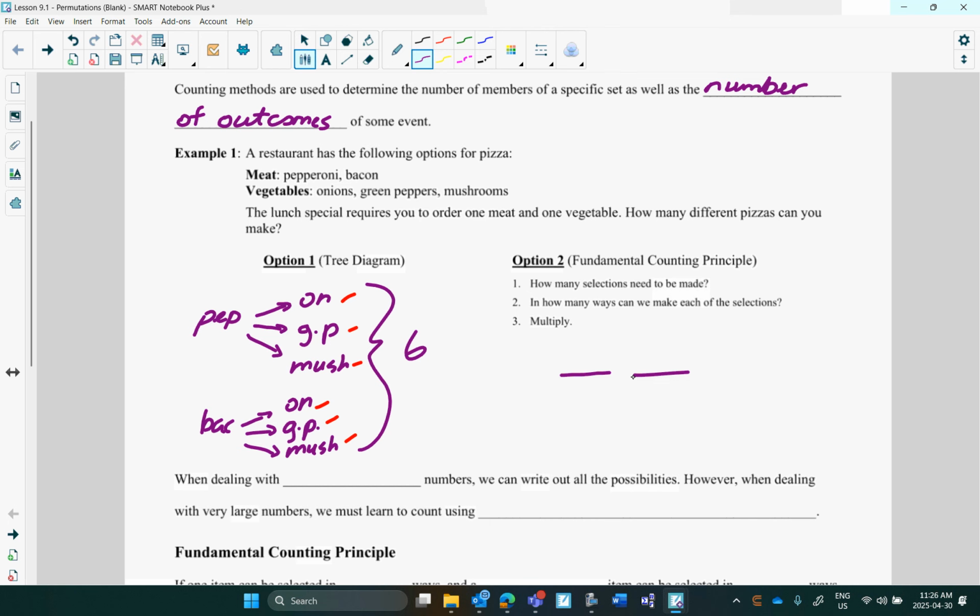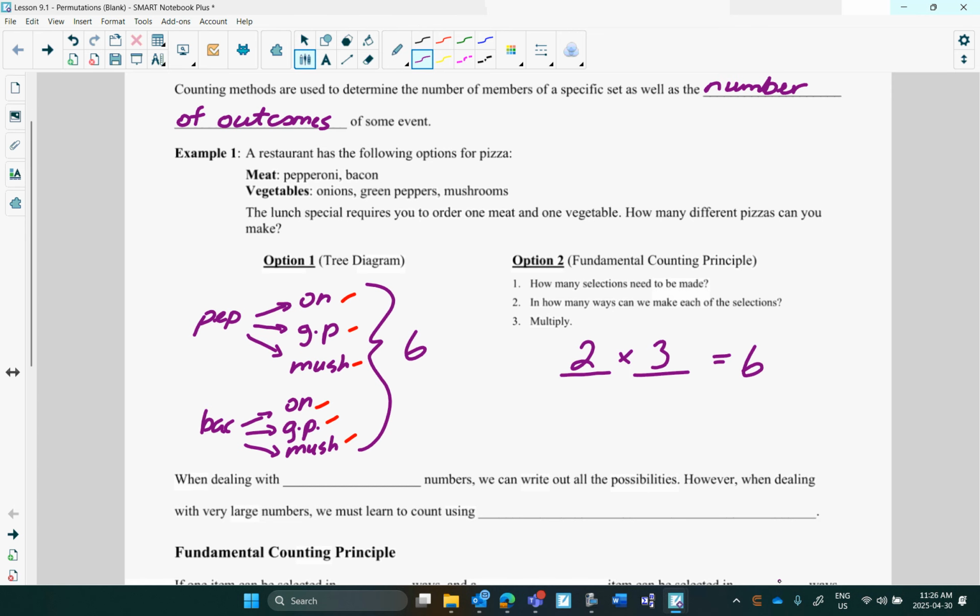How many possibilities are in this choice? 2, because there's 2 meats. How many possibilities or choices are there for the vegetables? 3. To find both, multiply. And you get 6. Much quicker.